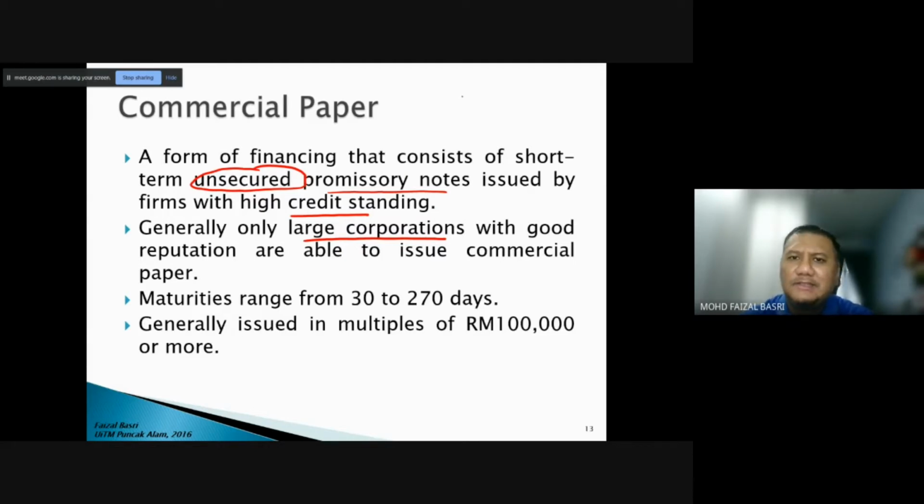It is similar to a bond, but on a short-term basis. The maturities range from 30 to 270 days, again less than 1 year. And this is just some information: generally issued in multiples of 100,000 ringgit.